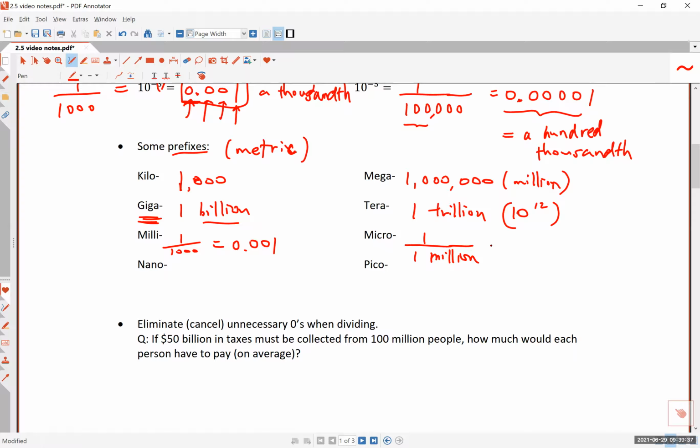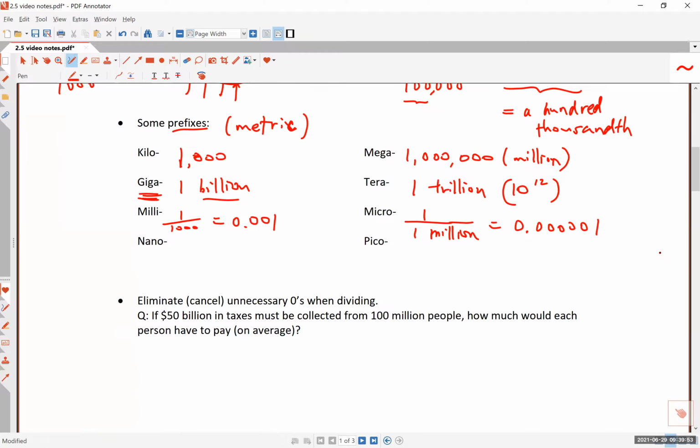So should I write this? Yeah, 0 point, and because a million has 6 zeros, this should have 1, 2, 3, 4, 5, 6 zeros. So this is a millionth, and that's a micro. So a micrometer means 1 millionth of a meter.